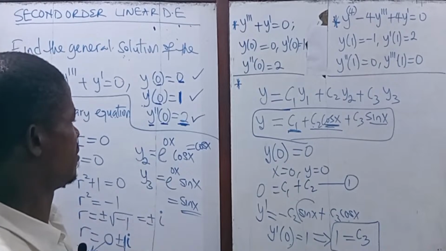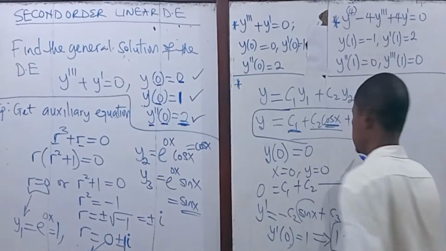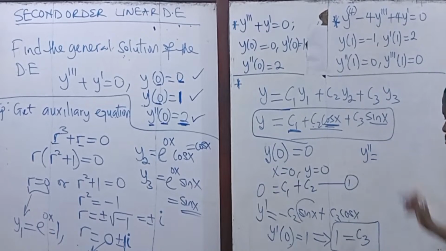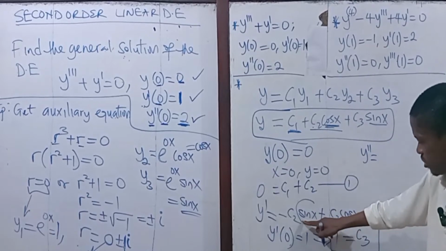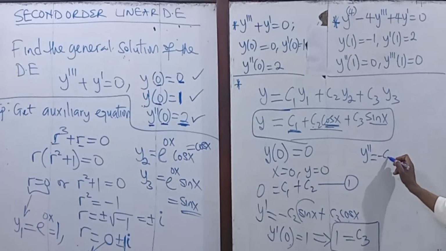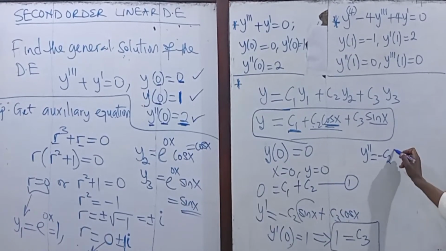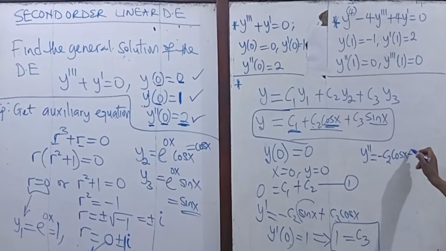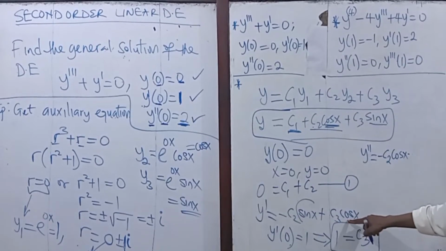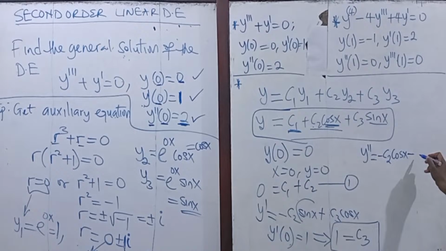We can get the second differential. Differentiate your sin x, which will be minus C2 cos x, and then plus, if you differentiate cosine, that will be minus C3 sin x.